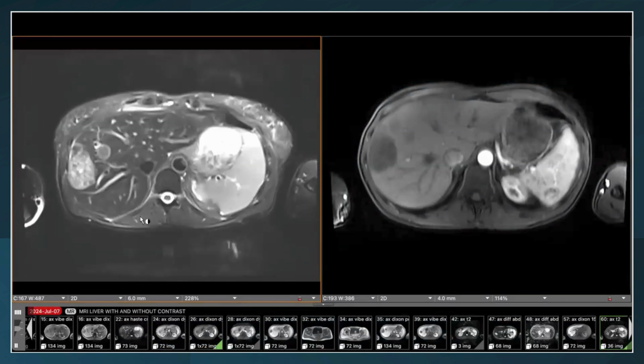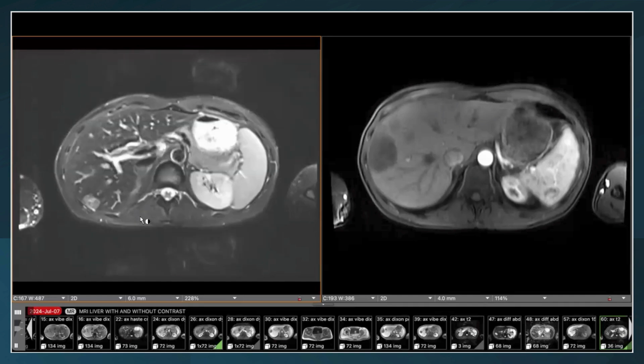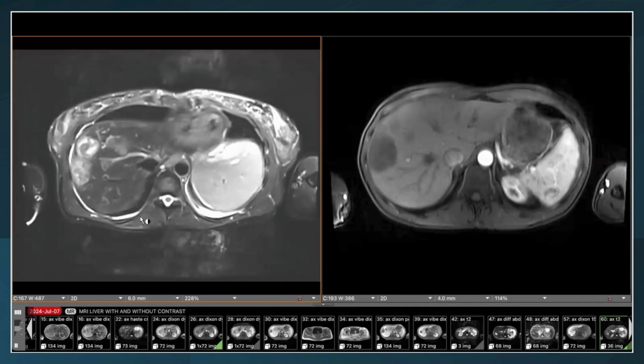So as I mentioned, this patient was being considered for placement of a hepatic arterial infusion pump. And one of the things that is required as we do that is to provide our referring surgeon with information on the arterial vasculature. And that's really where our arterial phase images come into play here.